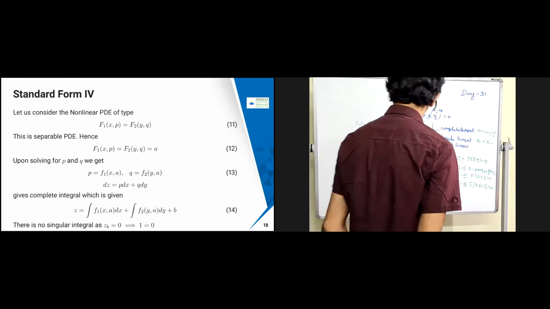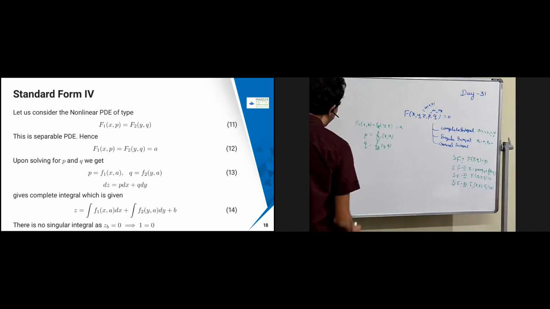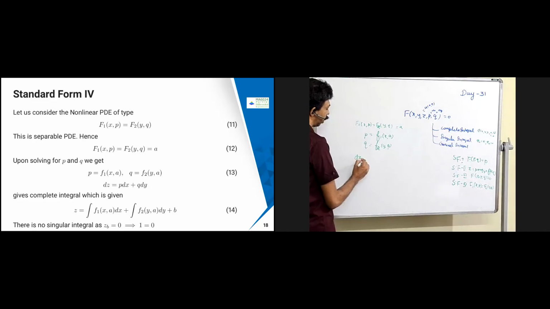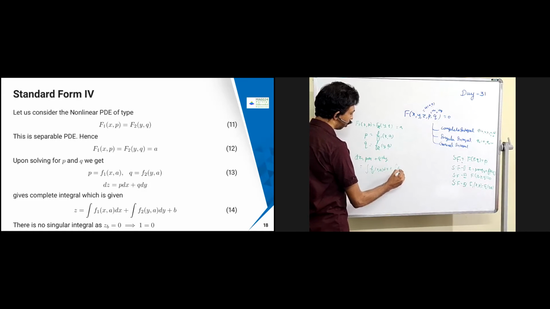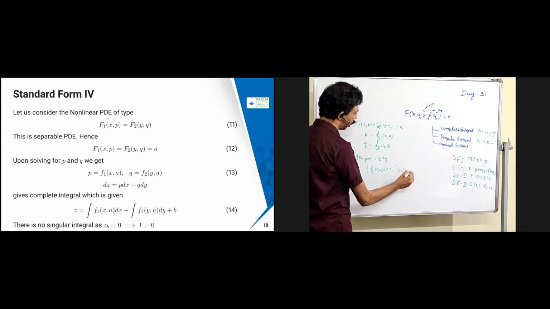Now what we know is that dz is nothing but p into dx plus q into dy, since z is totally differentiable, meaning zx into dx plus zy into dy. Now you substitute it over here, therefore this is going to become f1 of x comma a into dx plus f2 of y comma a into dy.